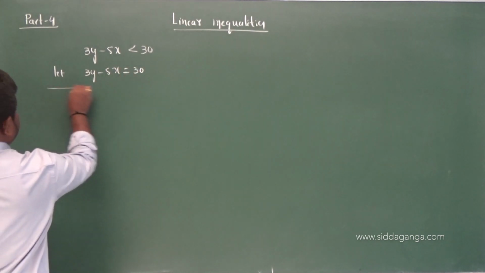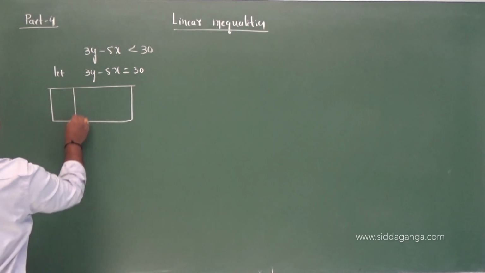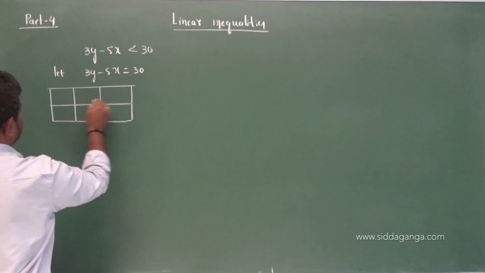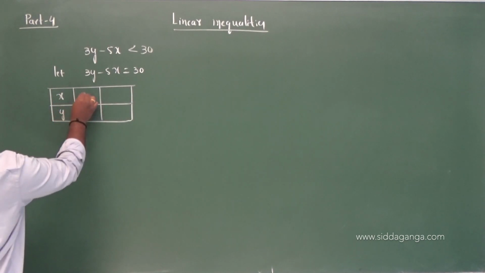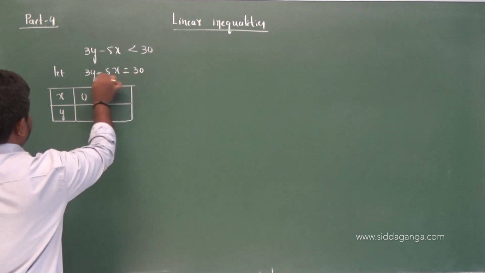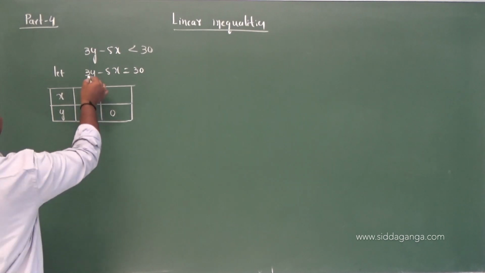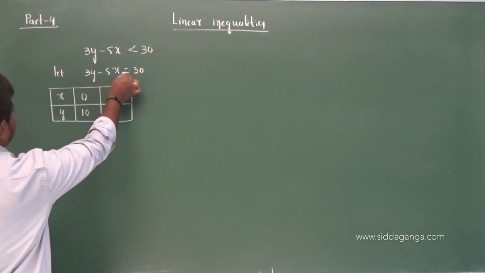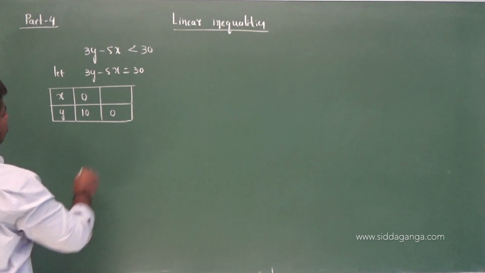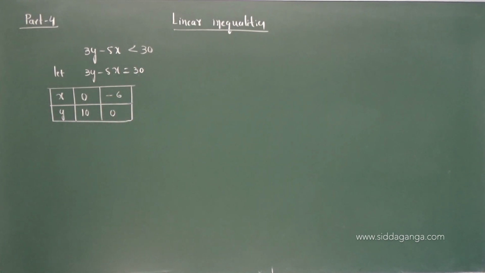Now, this line is passing through what? When x is 0, what happens to y? When x is 0, 3y is equal to 30, then y is equal to 10. When y is 0, minus 5x is equal to 30, then x is equal to 30 by minus 5, you get minus 6.